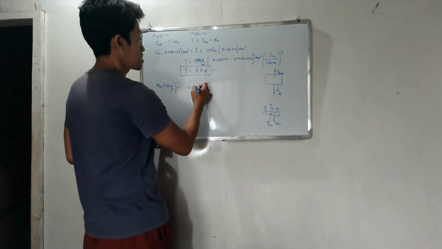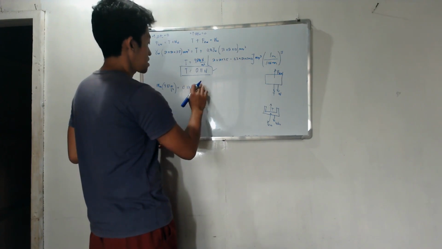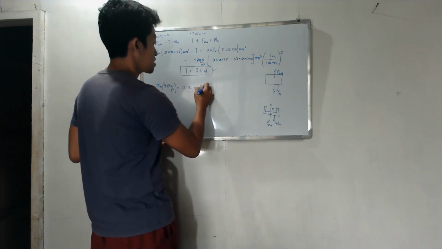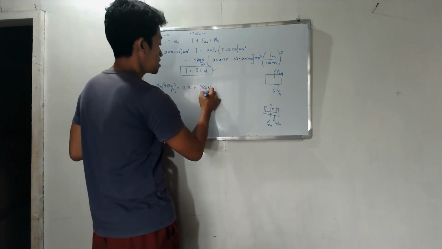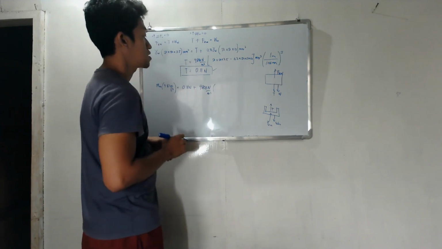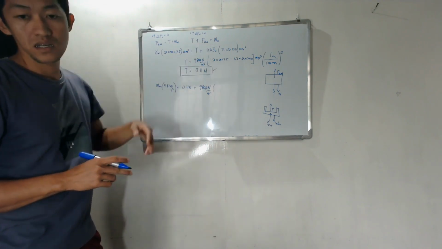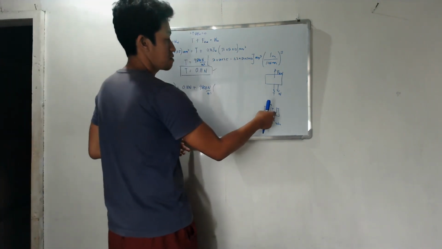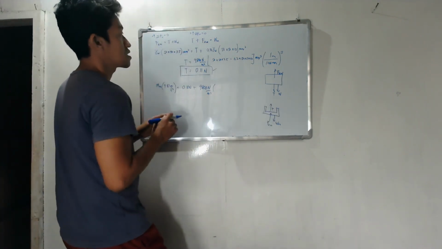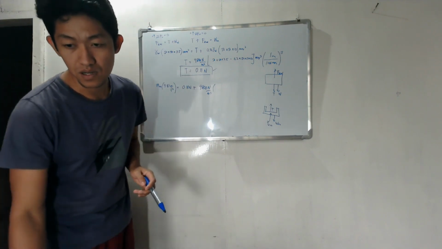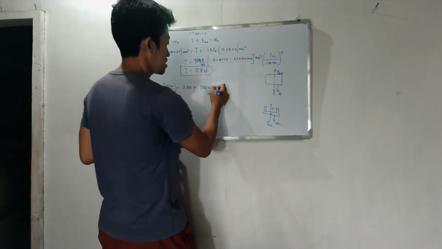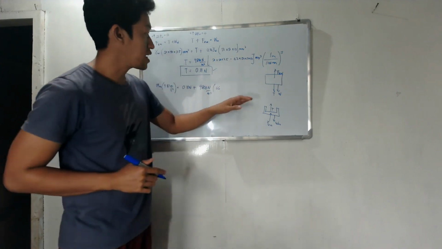Lahi sila volume. Plus gamma water, which is 9,800 Newton per m cube, times volume sa metal, which is given sa problem, kay fully submerged man.